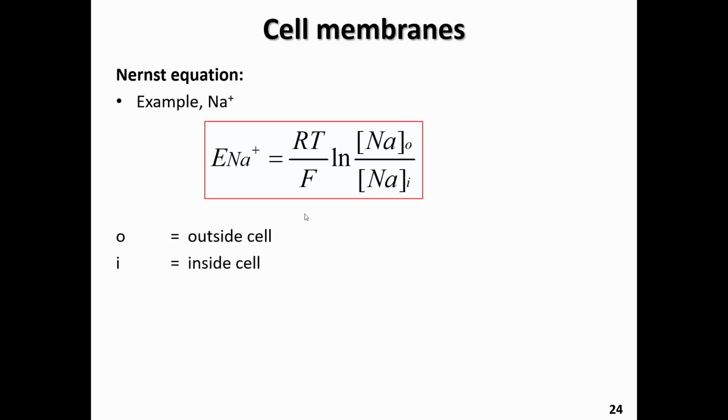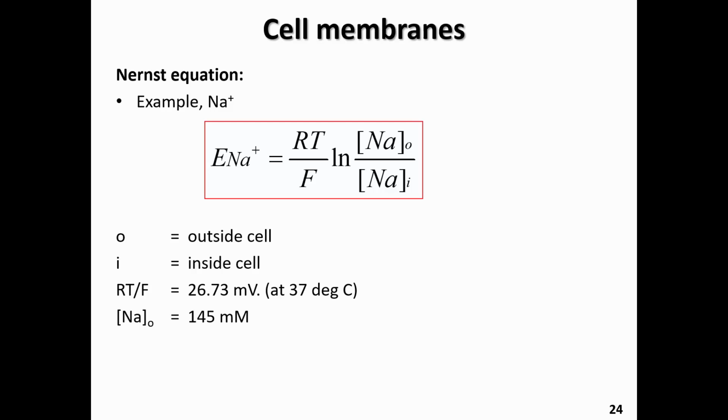Once again, the O indicates the outside of the cell, I is the inside of the cell, and this is an abbreviated form of the equation where the ratio of the constant to the temperature to the Faraday's constant is summarized at 37 degrees C to be a value of 26.73 millivolts. So this simplifies this equation in determining what the equilibrium potential is for sodium.